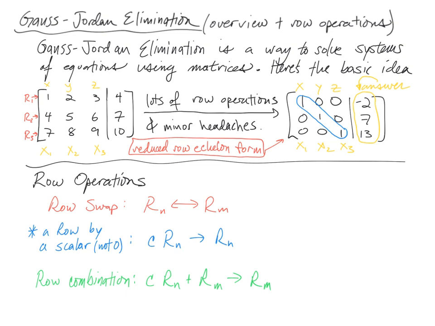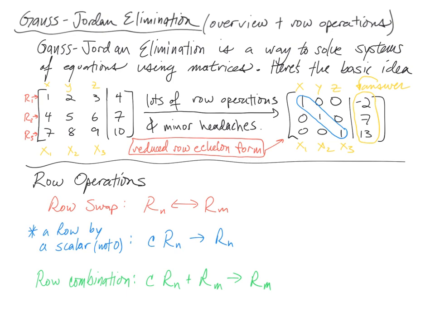We can multiply a row by a scalar as long as it's not 0, and then we replace that row again. And then we have a row combination, or what I call a row combination. That's where we multiply a row by a non-zero scalar, add it to a different row, and replace that different row. These row operations make a heck of a lot more sense when you see them in action.